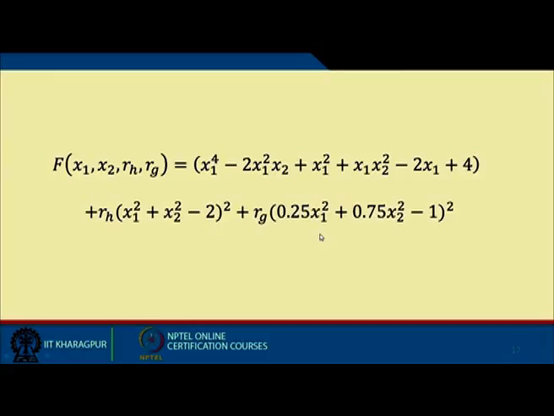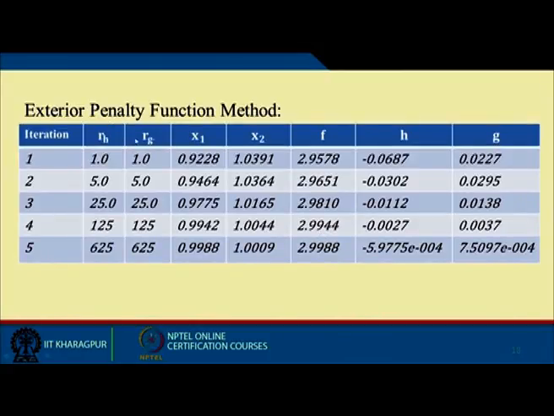Now, if in this case we consider different values of RH and RG, by considering the first order necessary condition, we can have a series of values equal to 0.